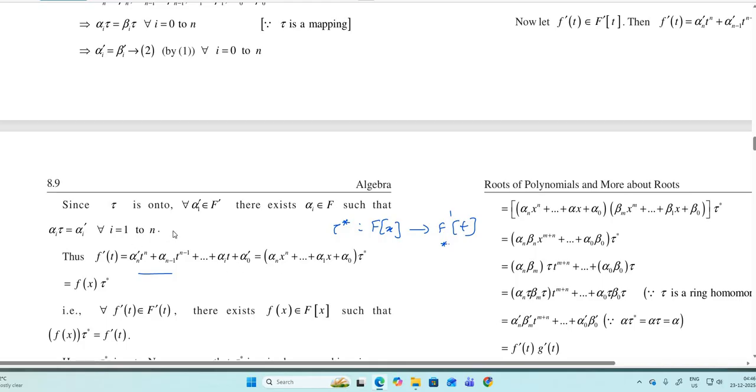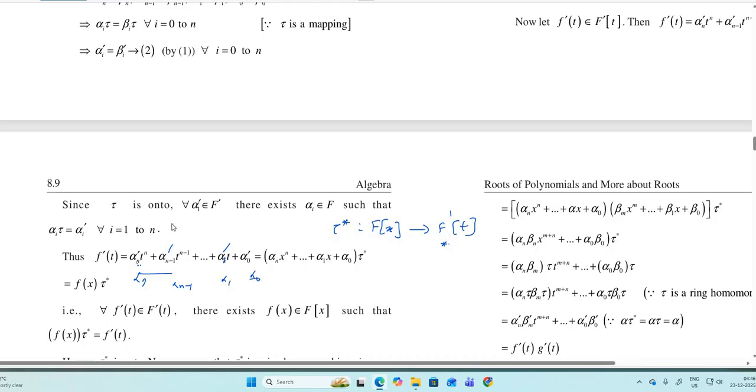So there you consider an element, say f dash of t, and let it be this polynomial. But you know that this is the image of this under tau star. How? Because for this one you have already said that alpha n exists. For this you have said that alpha n minus 1 exists. For this you have said that alpha 1 exists, and for this alpha naught exists.